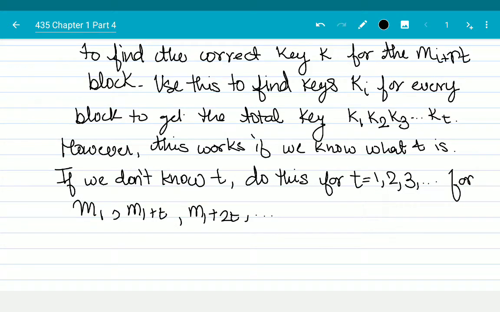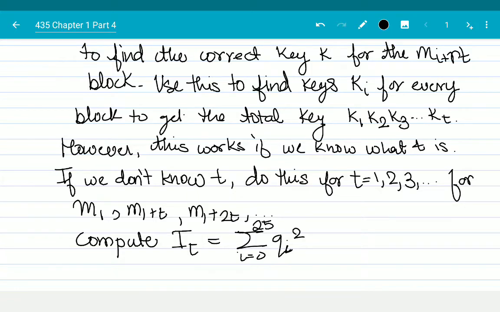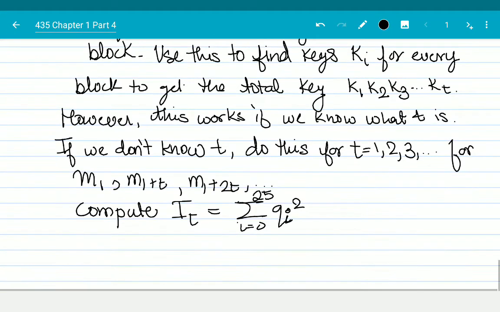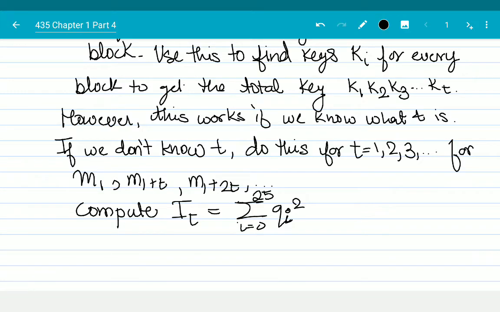The idea is to compute I equal to the summation for I equal to 0 to 25 of qi squared. For these, you don't even need to do a shift, just compute the qi squared.